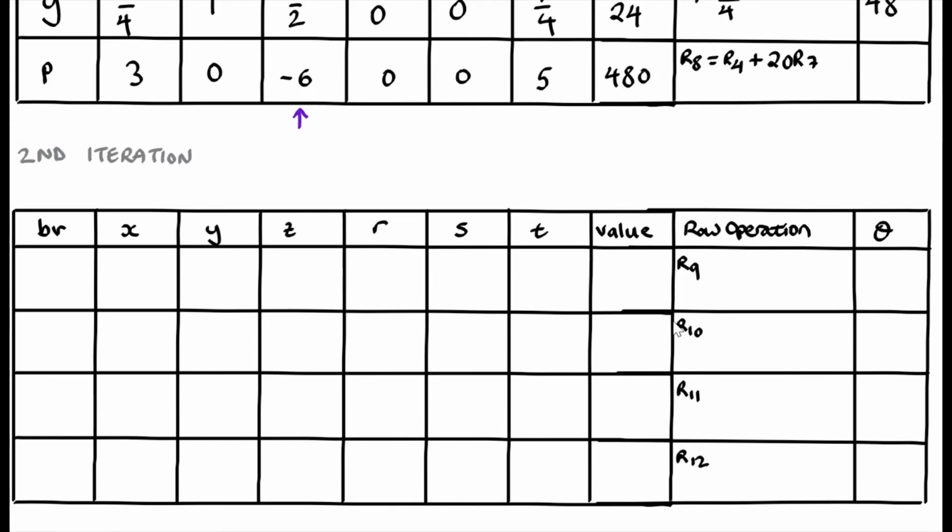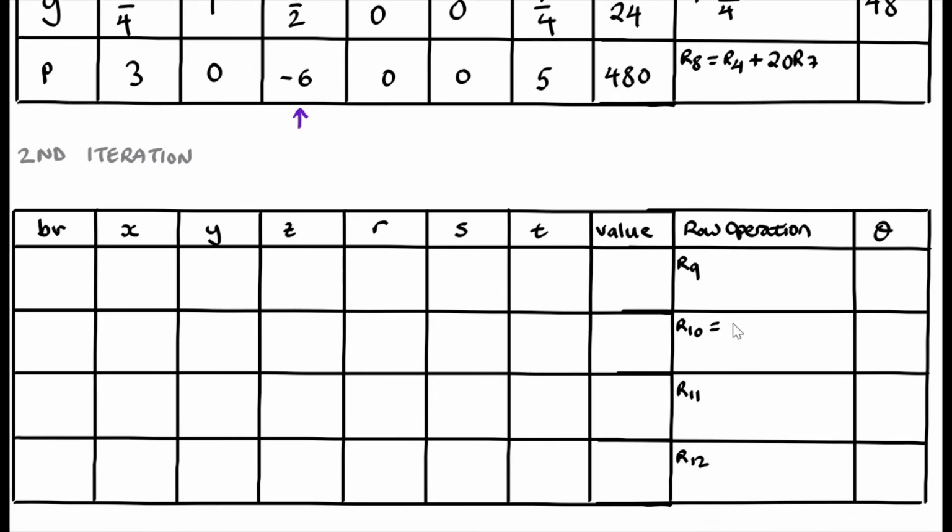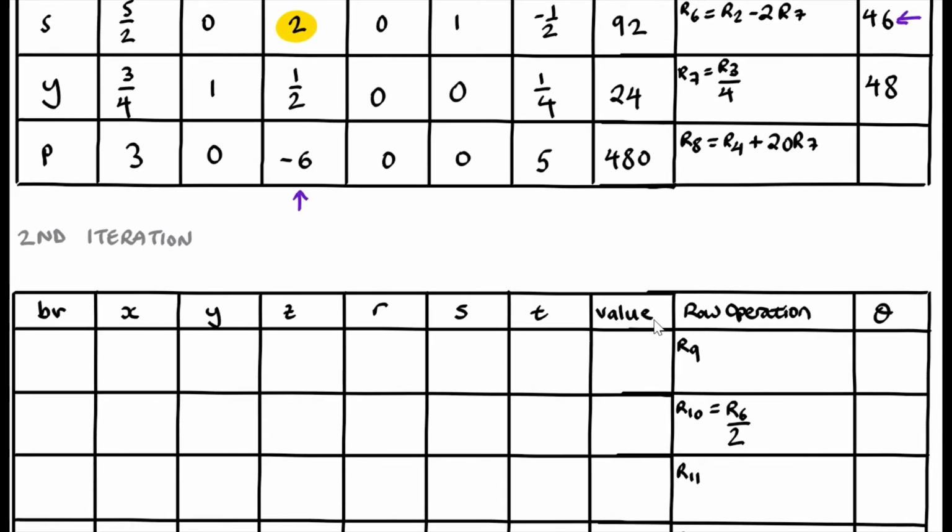Of course, for row number 10, we divide this row over here by 2, so this becomes a 1.